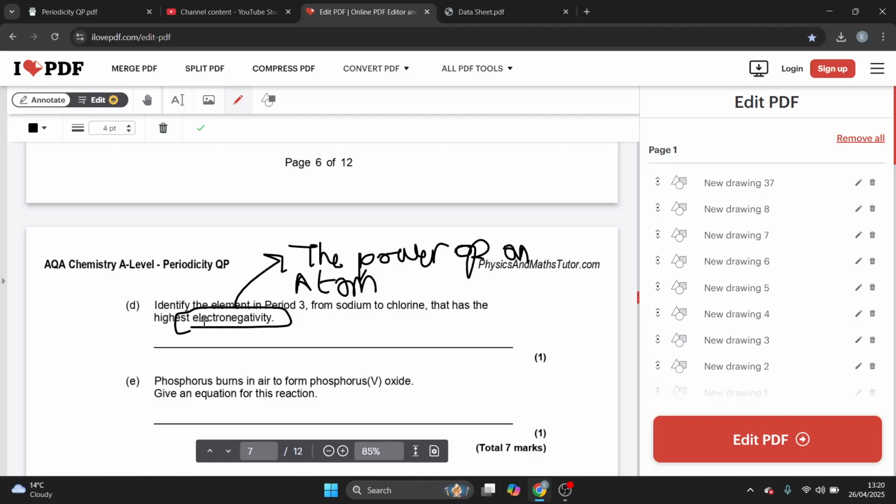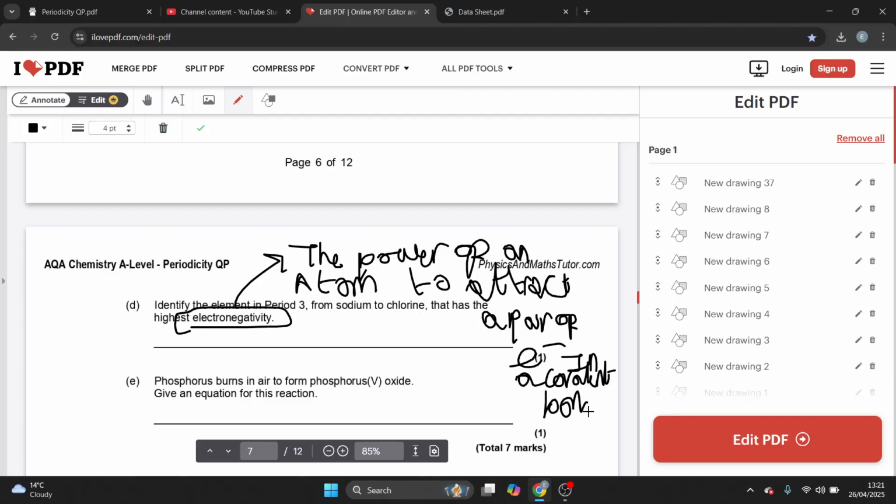If you learn them off by heart, it's unlikely they'll use the exact wording. Electronegativity is the power of an atom to attract a pair of electrons in a covalent bond.